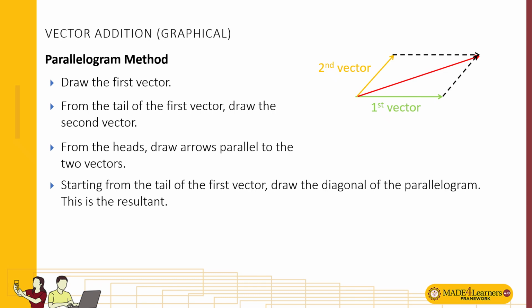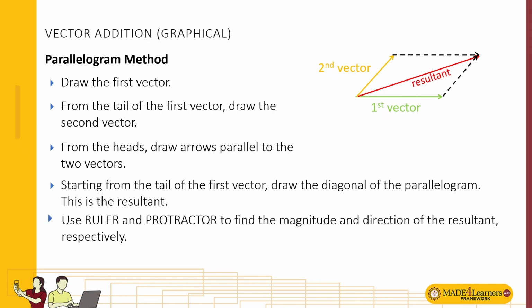That is what we call a diagonal of a parallelogram. So this would be the resultant. Then use again a ruler to get the length of the red arrow, use the 1 centimeter to 1 newton scale, and use a protractor to get the direction. So that's the parallelogram method.